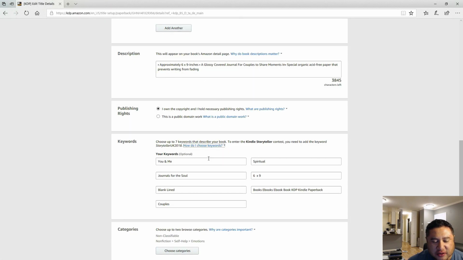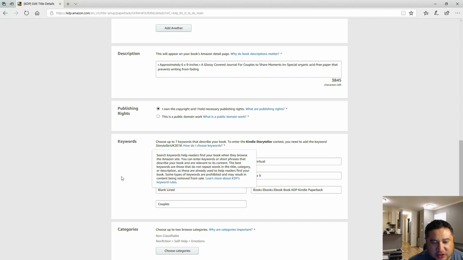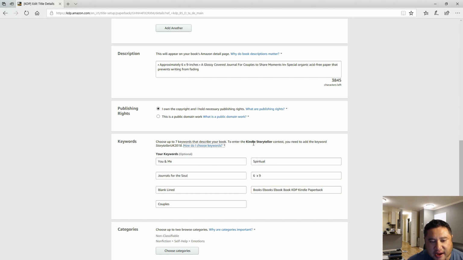What you see here is that I have 7 different keywords put in to describe my book. This is something you can choose, keywords most relevant to your book. Notice that I don't repeat a single keyword within my options.